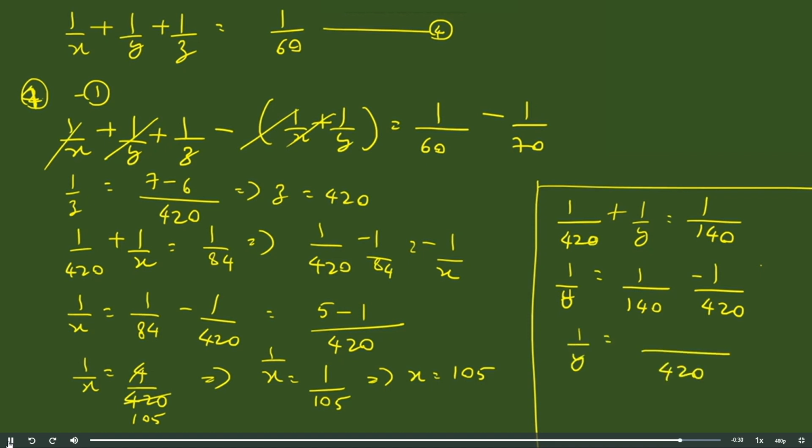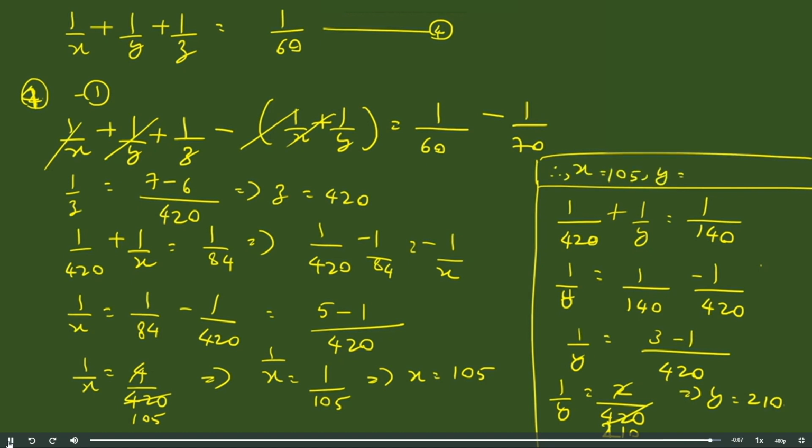LCM 420, 3 minus 1. 1 by y is 2 by 420. y is equal to 210. Therefore, x is equal to 105, y is equal to 210, z is equal to 420. This is the answer.